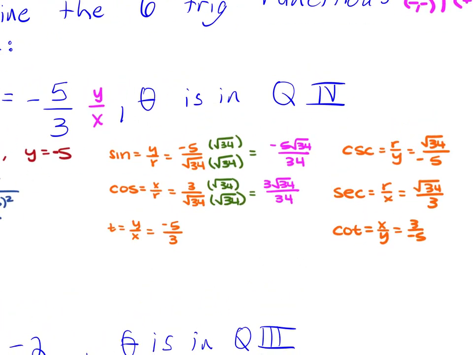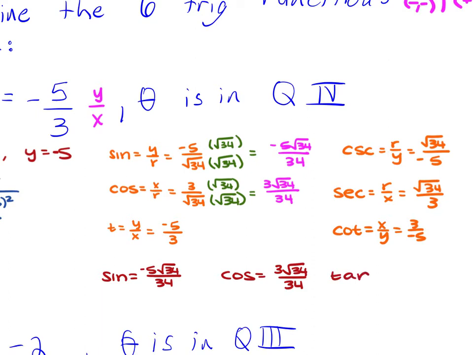So listing all 6 of these, our sine is negative 5 square root 34 over 34. Our cosine is 3 square root 34 over 34.